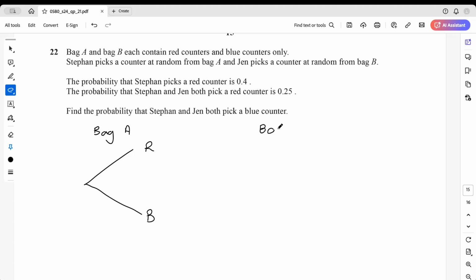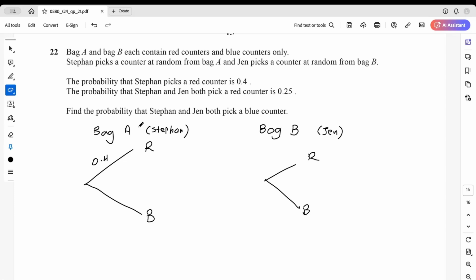And in bag B, I have the same, red counters and blue counters. Stefan picks a counter at random from bag A, and Jen picks from bag B. The probability that Stefan picks a red counter is 0.4, and the probability that they both pick a red is 0.25.